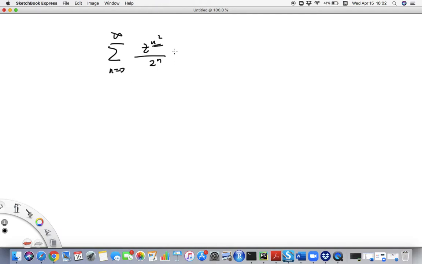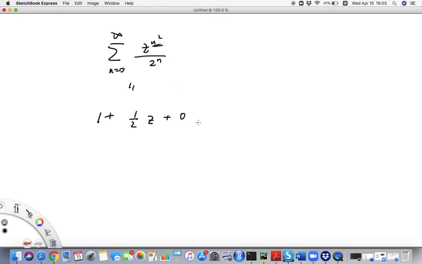If you write the series out, what it really means is, for n equal to 0, you have 1, plus 1 over 2 z. Next, if you plug in n equal to 2, you have 2 squared, that's 4.